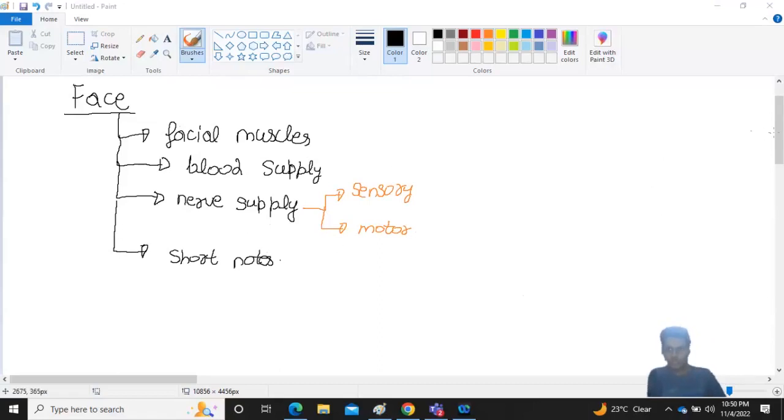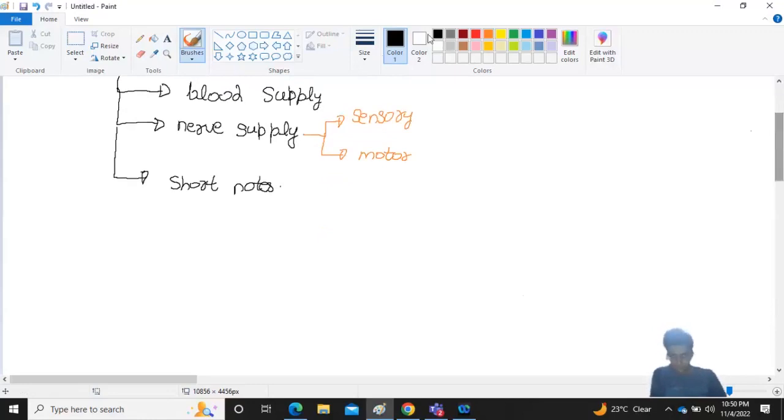So now we are starting the first some points. In phase, there is no deep fascia except last time we have seen on the parotid gland.